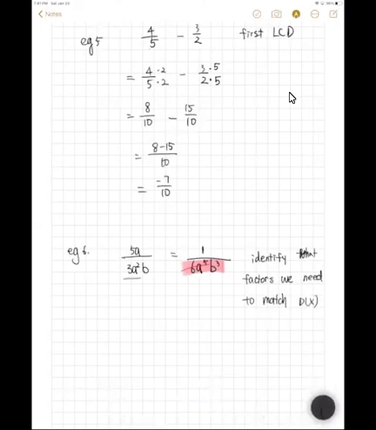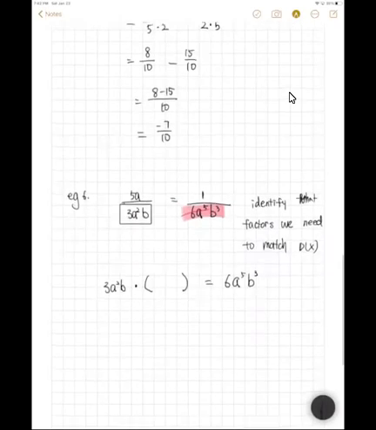So look, we have 3a squared times b. We want to multiply something, then we have 6a to the 5th, b to the 3rd. What would that be?